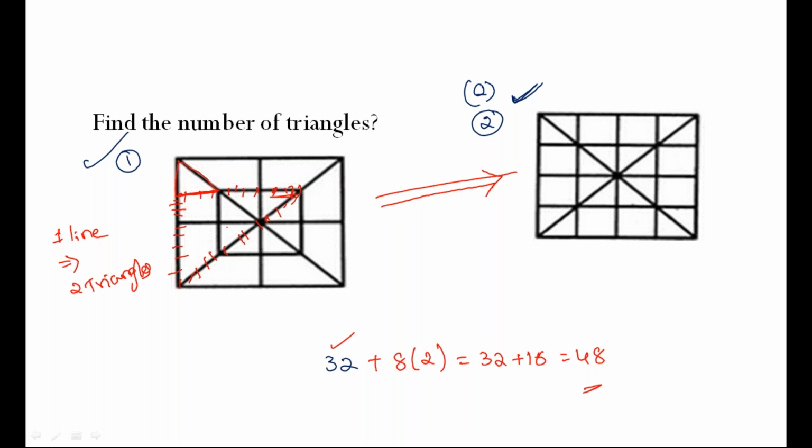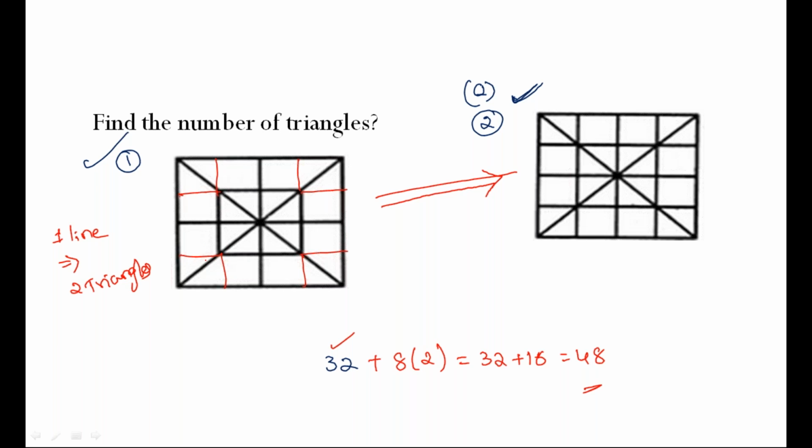I have 8 lines altogether. If you erase all these things and you want to get the second diagram back from this one, here we had to add one line: 1 here, 2 here, 3 here, 4, 5, 6, 7, 8.